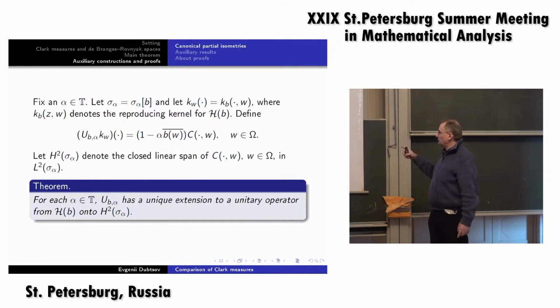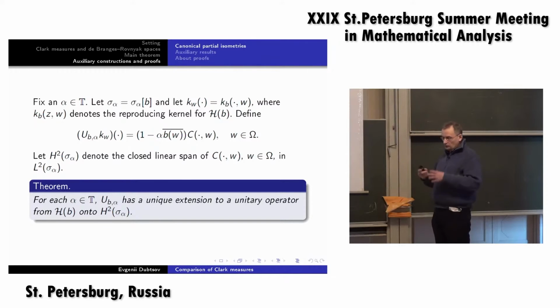First of all, in the case of a disk, if B is an inner function, then it's possible to construct a unitary operator from the model space onto L2 of sigma alpha. So in this case of B just a bounded function, we construct first a unitary operator from the de Branges-Rovnyak space generated by B, and it will be onto H2 of sigma alpha.